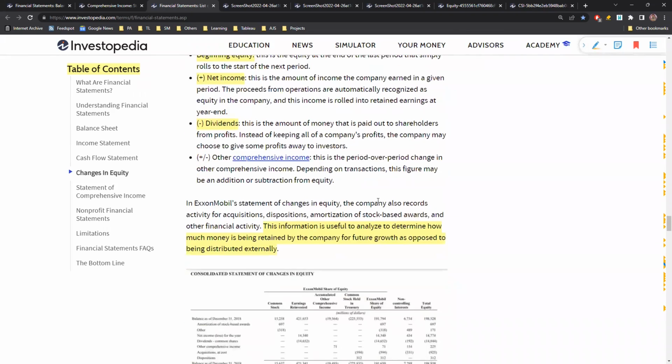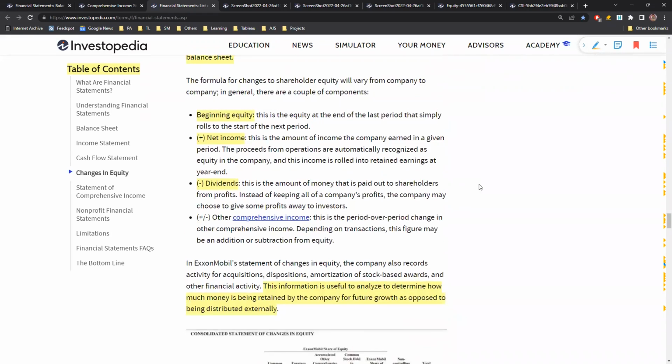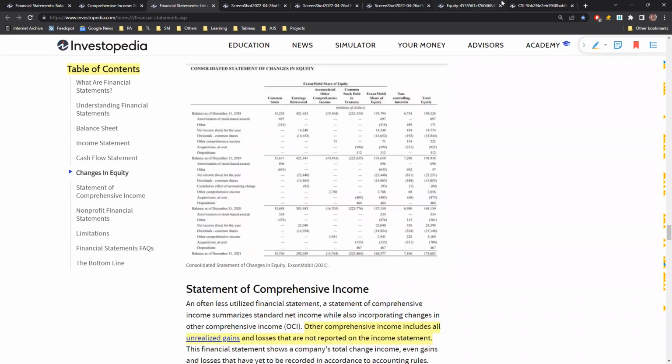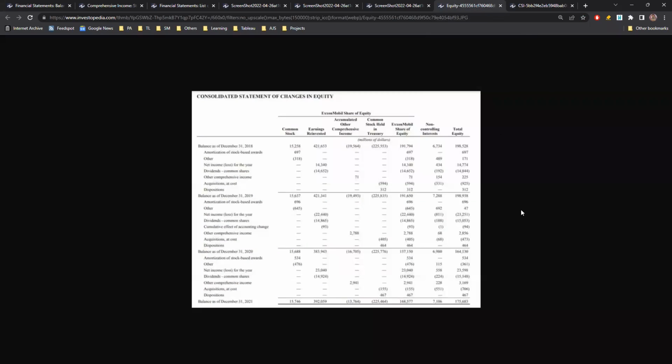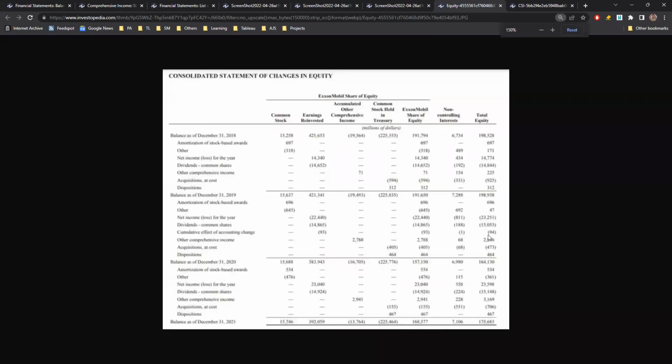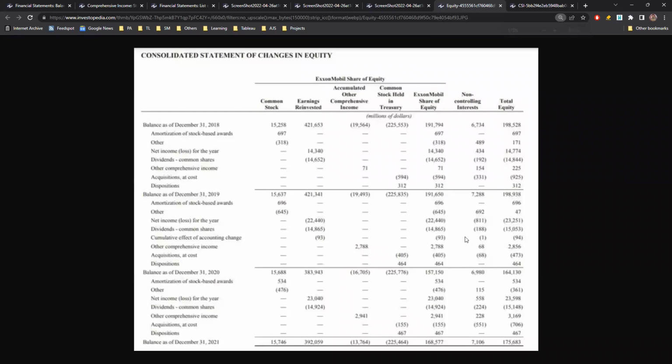So let's take a look at this particular example of a changes in equity statement and try to understand what's happening in there. What information do we have? If you look at this statement of equity, there are a few elements on the columns.